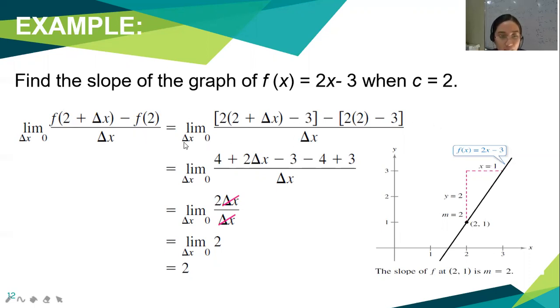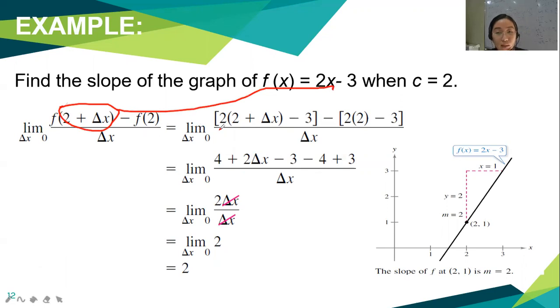So the limit as delta x approaches 0 of, our function is 2x minus 3. So we substitute 2 plus delta x into our function.